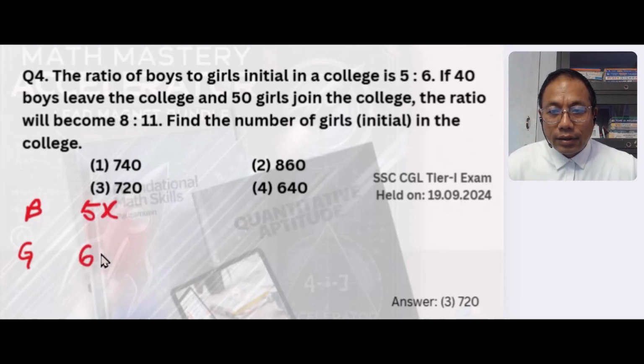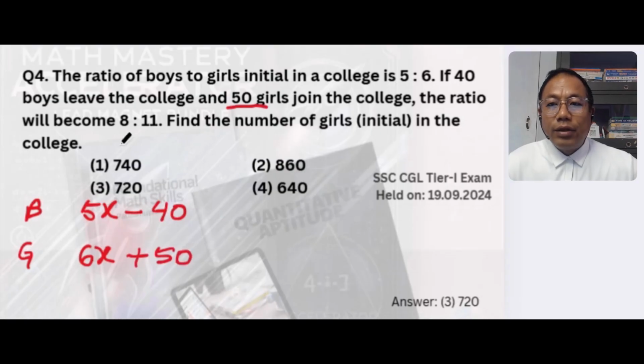This is 6x. If 40 boys leave means minus 40, and 50 girls join means plus 50. This becomes 8 by 11.